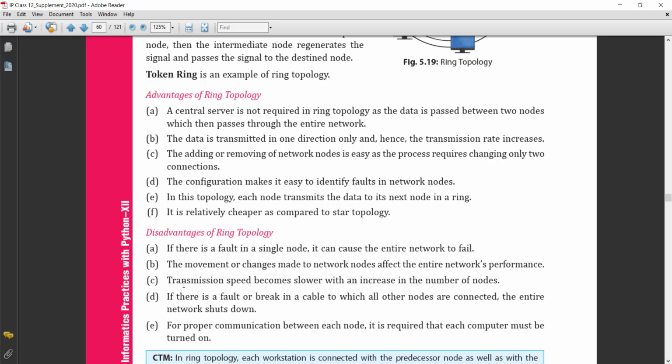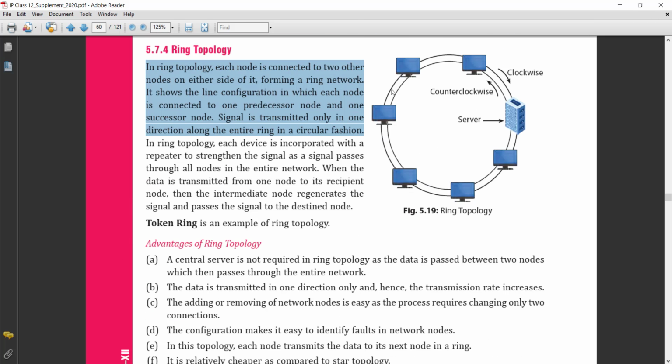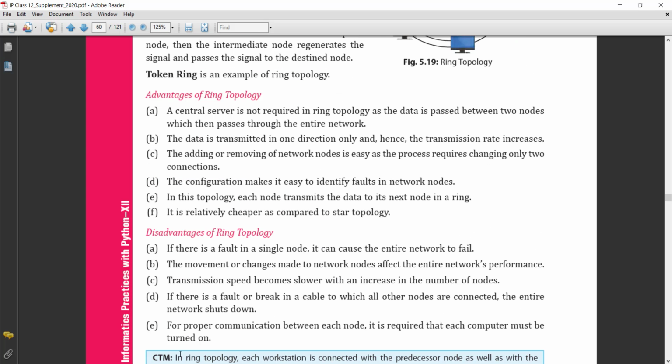The movement or changes made to a network node affect the entire network's performance. Transmission speed becomes slower with an increase in the number of nodes, because it transmits our data through each device. So that's why the transmission may be slow.